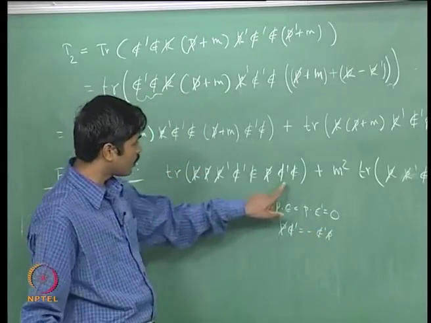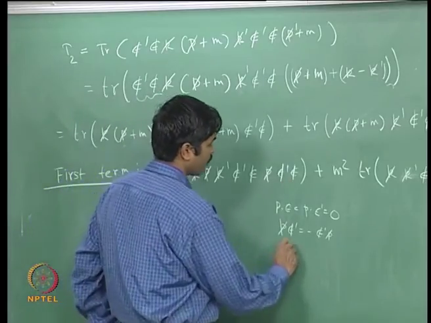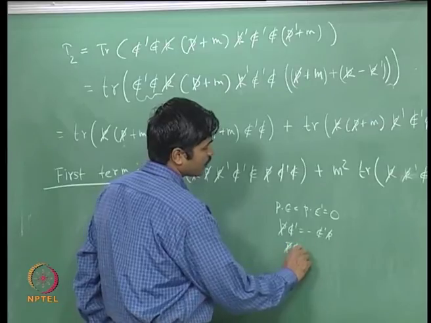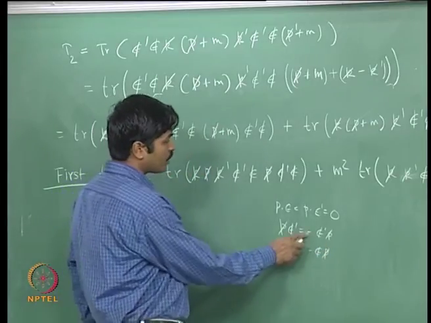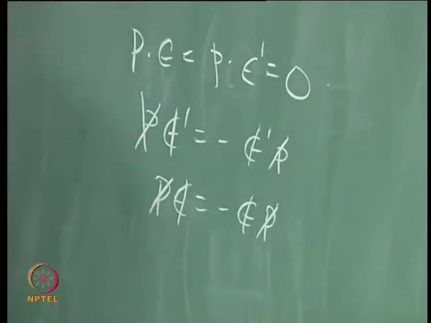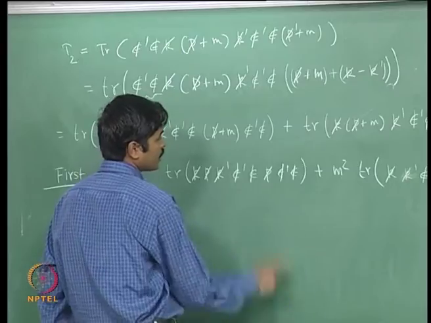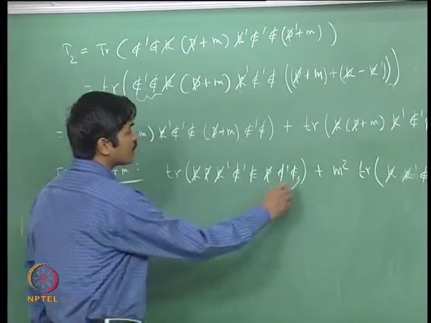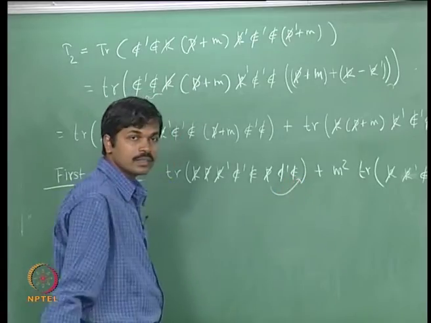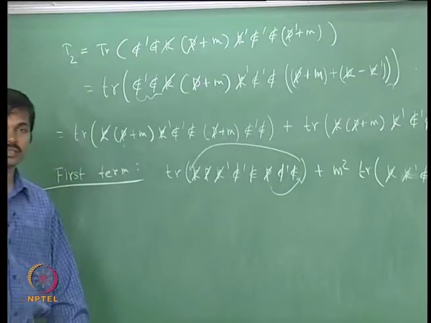So, if you move it once you will get 1 minus sign. Similarly, again P slash epsilon slash is minus epsilon slash P slash. So, you will get 2 minus signs which is plus 1. Therefore, you can just pull this P slash to here, and then you can use the cyclic property of trace, and then finally this P slash you can write it here.